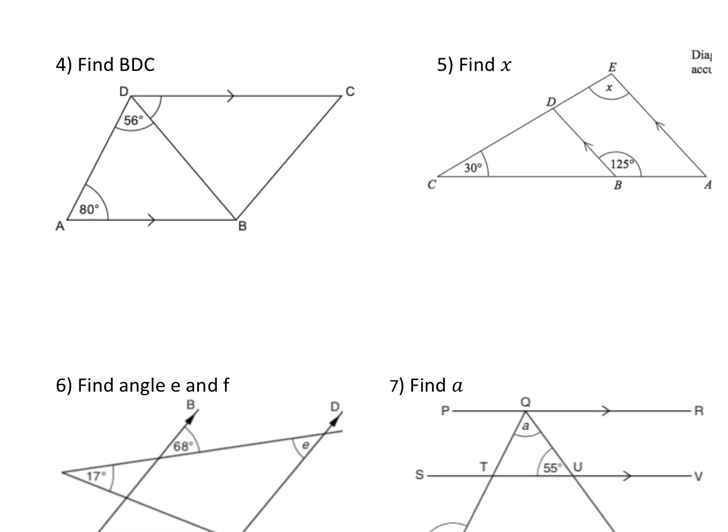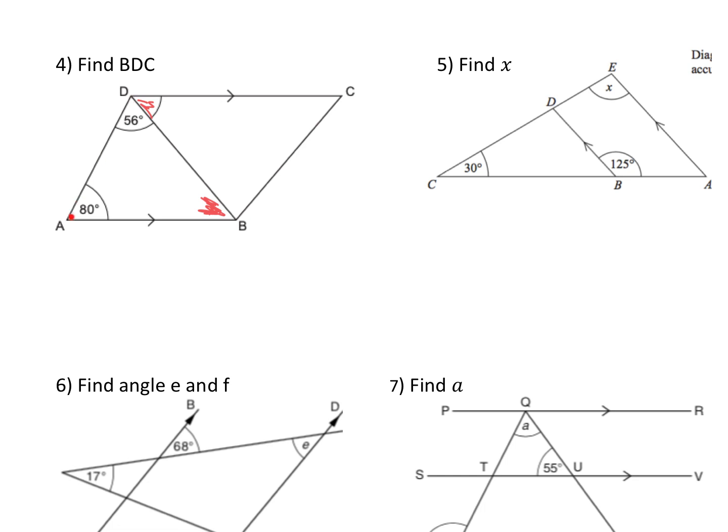BDC. B to D to C. This angle here, so it'll be alternate with this one. It'll be the same size as this one. Well, unfortunately, we don't know that one.